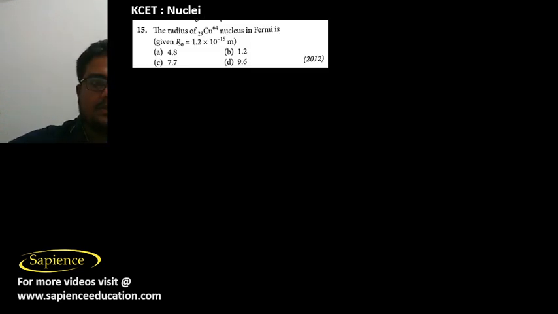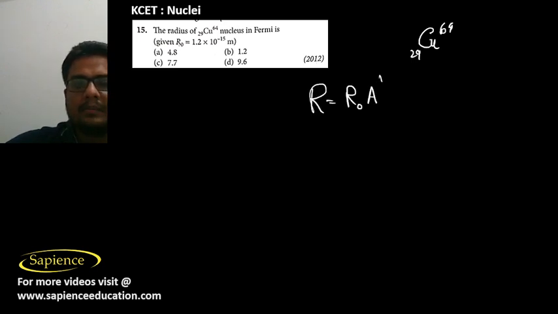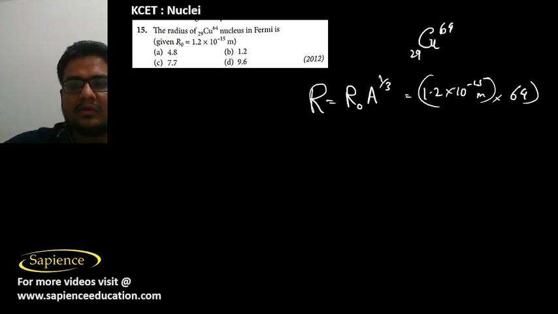The 15th one asks for the radius of the copper 29 64 nucleus in Fermi. So we know that R is equal to R naught A power 1 by 3. For copper the radius will be R naught, which is 1.2 into 10 power minus 15 meter, into A, the mass number 64, whole power 1 by 3.